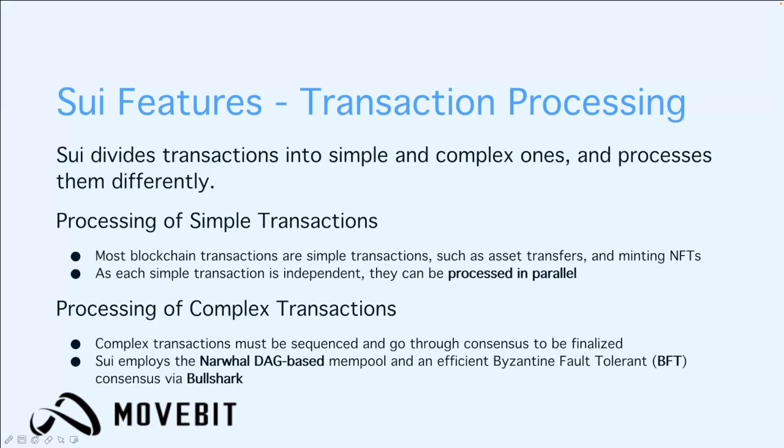But when it comes to the complex transactions, they must be sequenced and go through consensus to be finalized. Sui employs the know-how DAG-based mempool and an efficient Byzantine fault-tolerant consensus via Bullshark. And this will give us the speed we want to process the complex transactions.